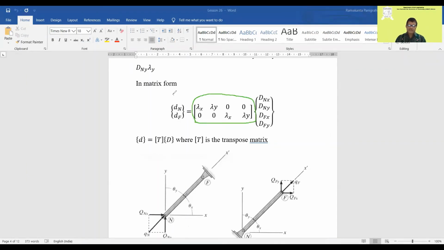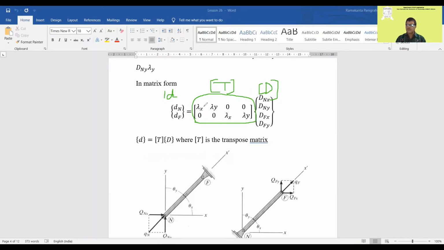So now we can write this: small d is this, this is the transformation matrix T, and this is the D matrix in the global. So the local displacement and global displacements, in the case of an inclined truss member, are related by the matrix T: lambda x, lambda y, 0, 0; 0, 0, lambda x, lambda y.